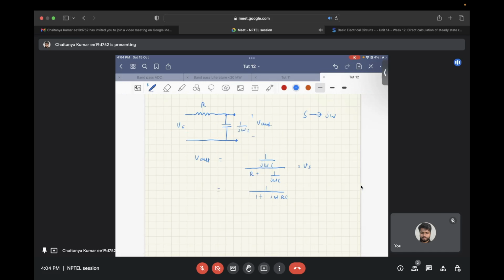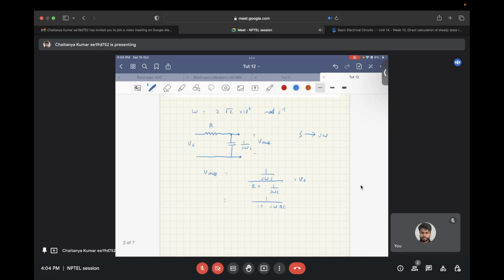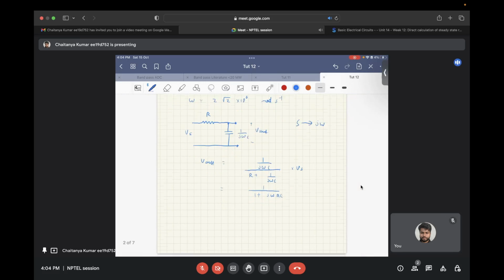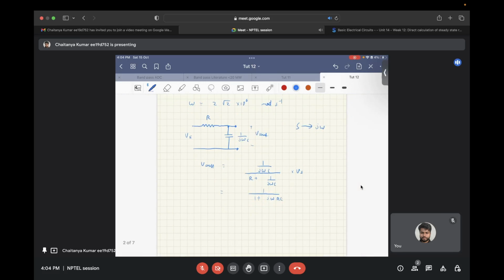Okay. Now we plug in the values also. So this is h of j omega, and the magnitude response will be the magnitude of this, that is 1 upon square root of the real part square plus imaginary part square. The real part is 1 squared and imaginary part squared is omega square r square c square.